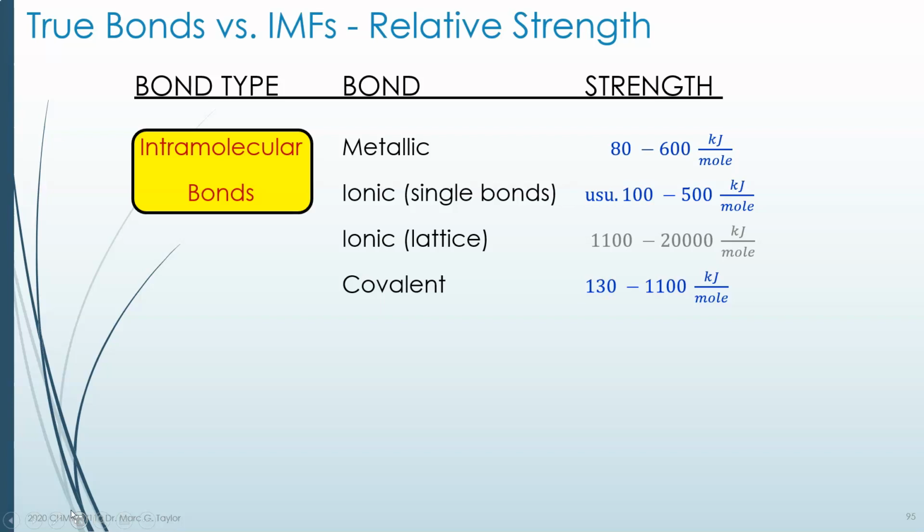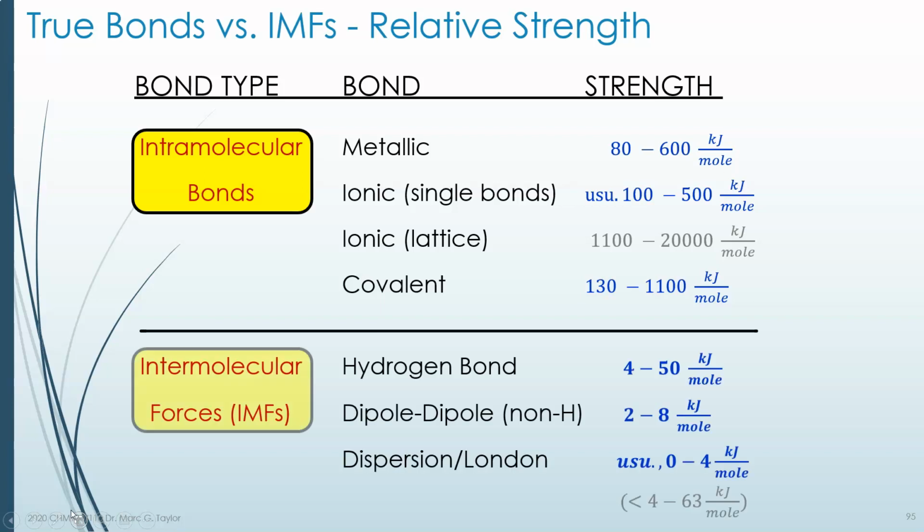So you can see all these numbers are relatively large numbers in comparison to the intermolecular force numbers. Hydrogen bonds, the best of all the IMFs, has an energy, and we're not going to worry about the energy units here. These are kilojoules per mole. We haven't talked about what a mole is, but just think of it as a certain amount. So it's amount of energy per a certain amount of molecules or formula units.